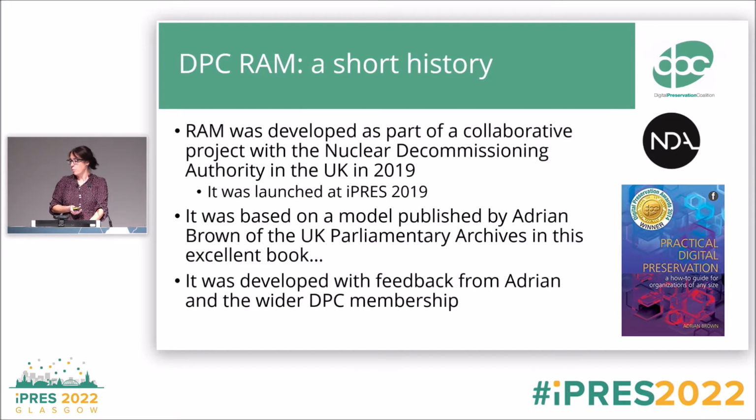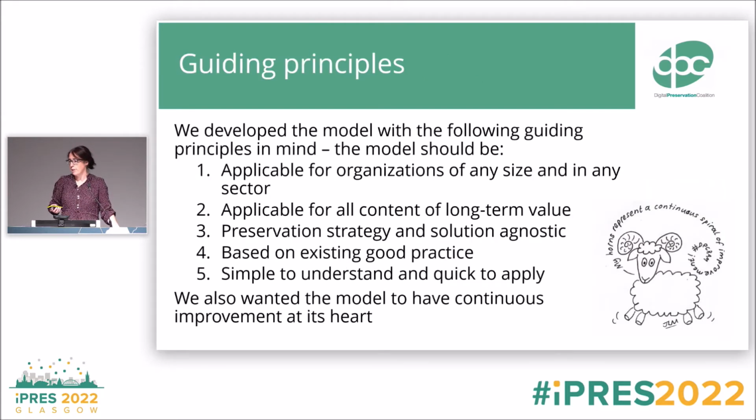So we decided to pick that model up and work with it, with Adrian's blessing and help actually, to develop that further into what's now called DPC RAM. Developing it really was a collaborative exercise, so a member of our community even named it. Someone else added visualizations to the worksheet. We got lots of great comments and feedback, so very much a collaborative creation exercise.